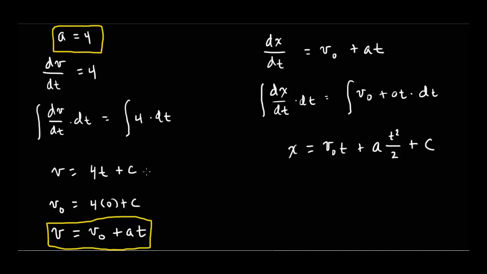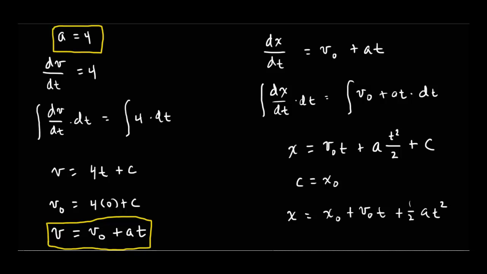Well, I can go through this whole exercise again, plugging in 0 for t. If I plug in 0 for t, these two terms vanish, and I see that c is simply the starting position, x naught. And so now I can say x equals x naught, that's my c term, plus v naught times t, plus 1/2 a t squared.